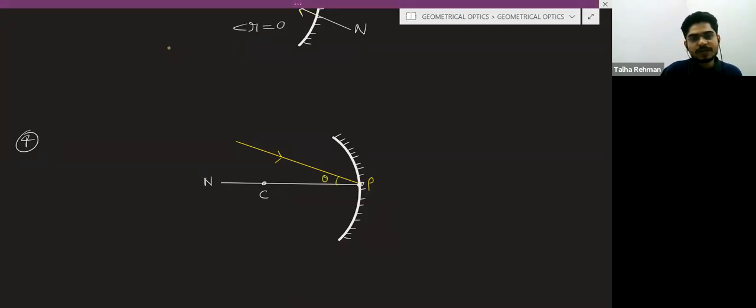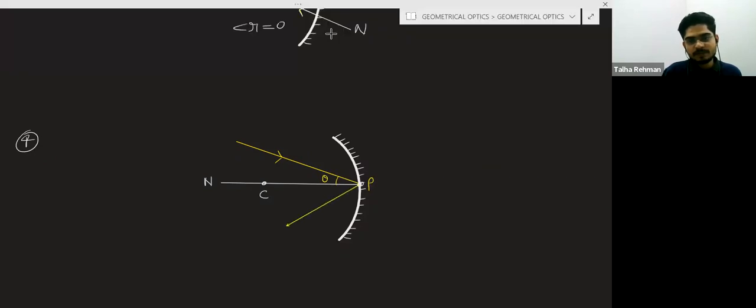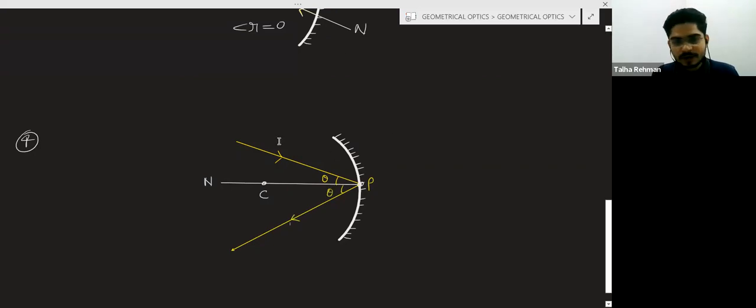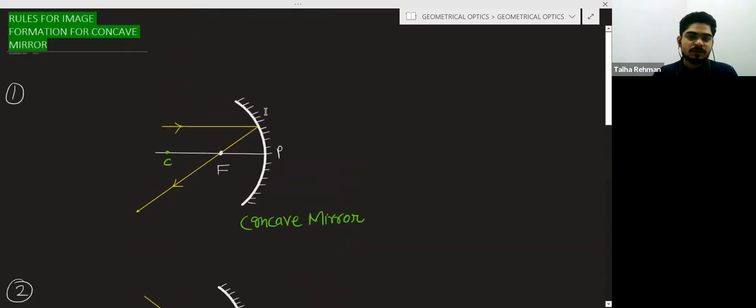So accordingly, this ray of light will go in this direction, and this angle will also be theta. So if a ray of light strikes the pole, after reflection it will make the same angle with the principal axis. Okay, so note down.